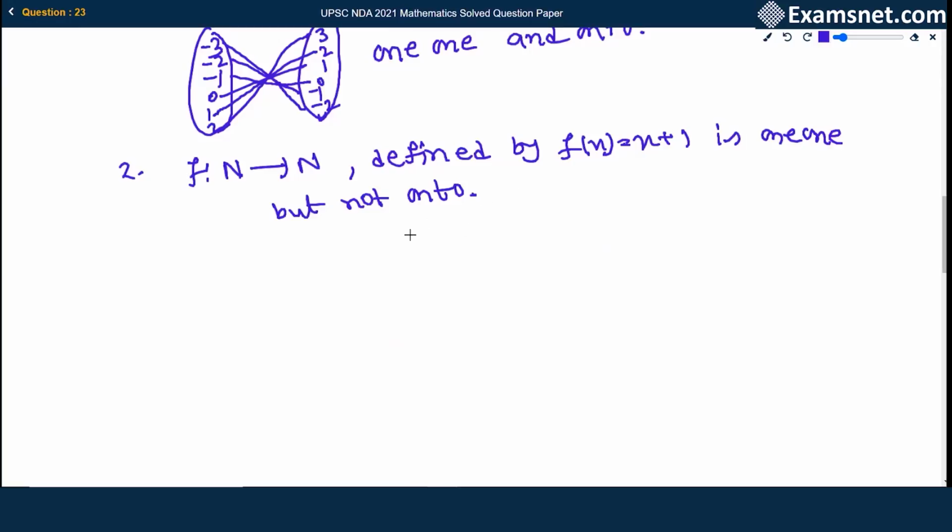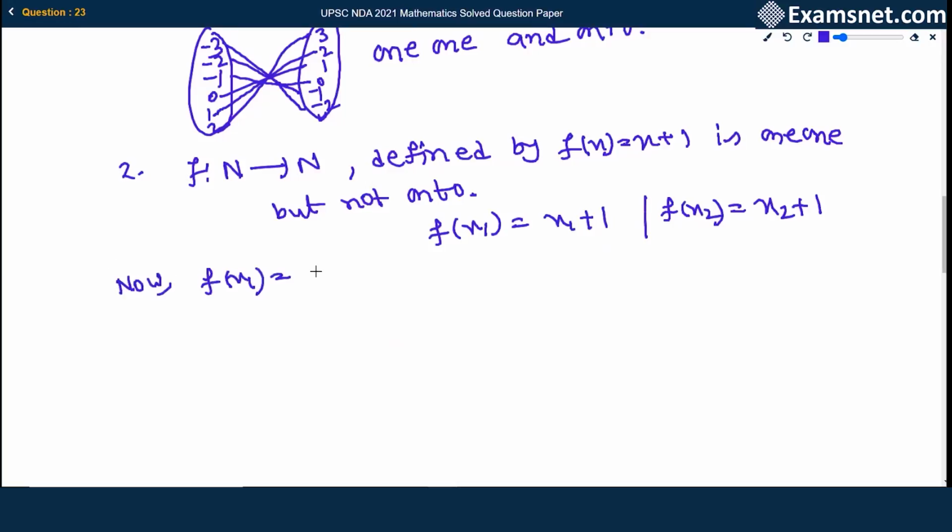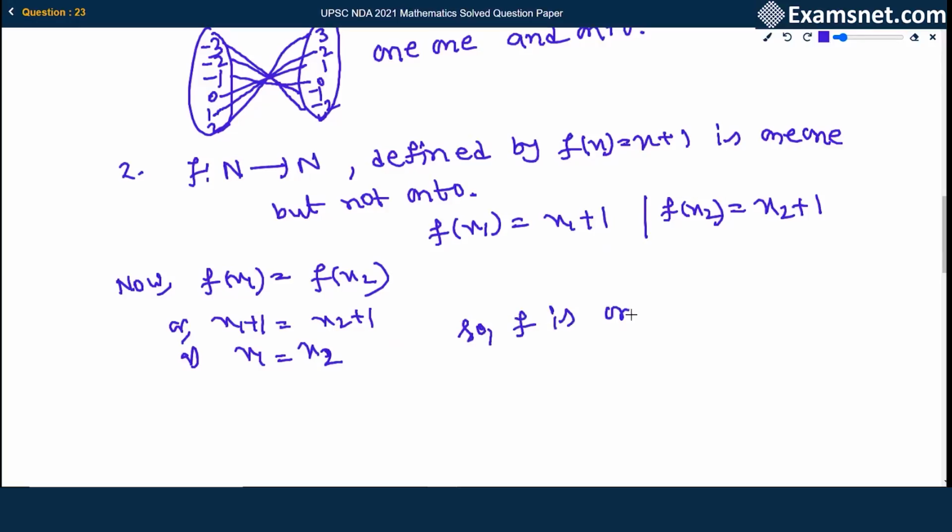If x1 and x2 belong to the natural number set, f(x1) gives us x1 plus 1 and f(x2) gives us x2 plus 1. Since it's 1-1, we can write f(x1) equals f(x2), so x1 plus 1 equals x2 plus 1. So x1 equals x2, correct? So f is a 1-1 function, right?